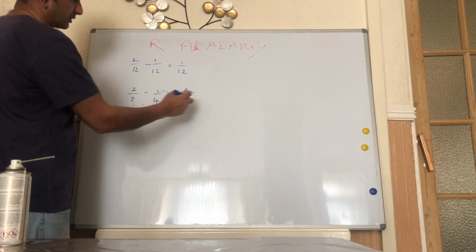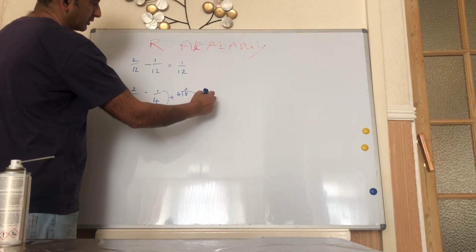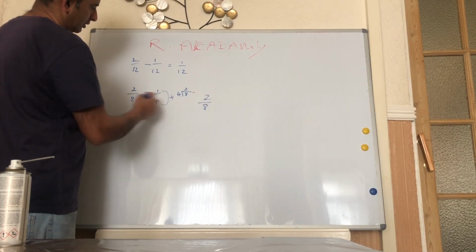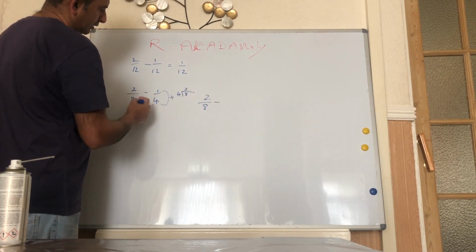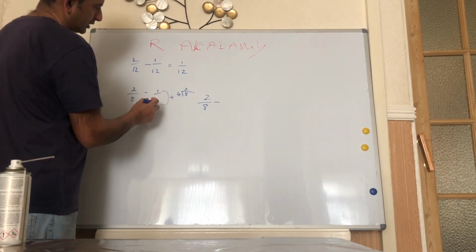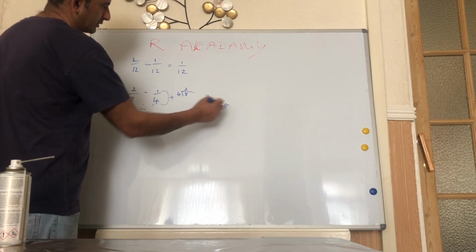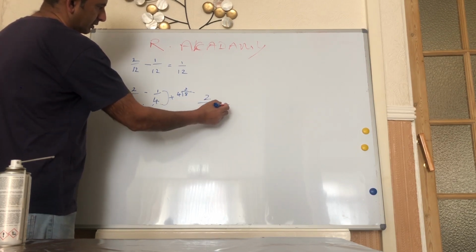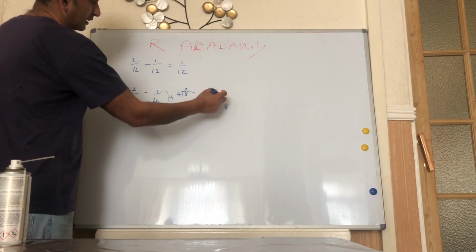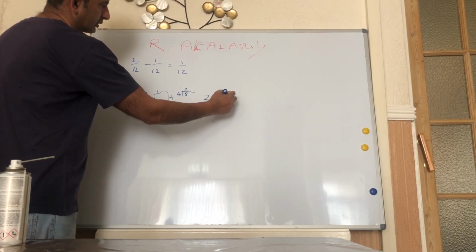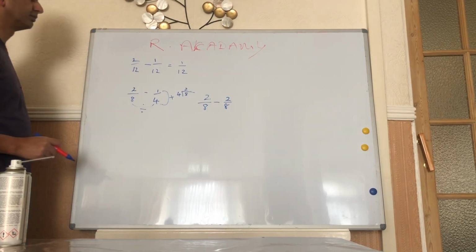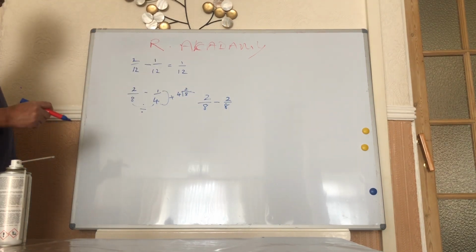So this becomes now rewritten as 2 over 8 minus 2 times 4 is 8, and that same 2 times 1 is 2. Now it's become the same.